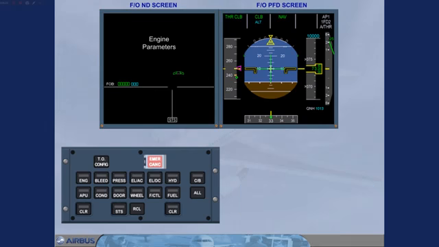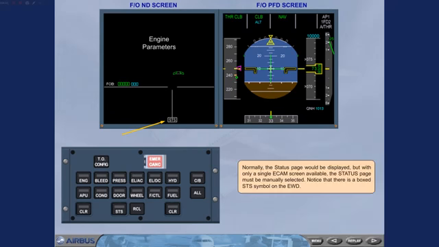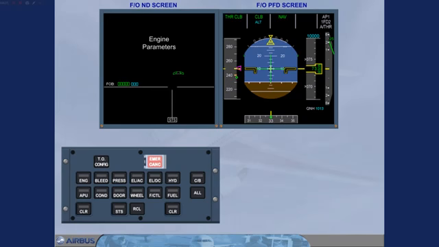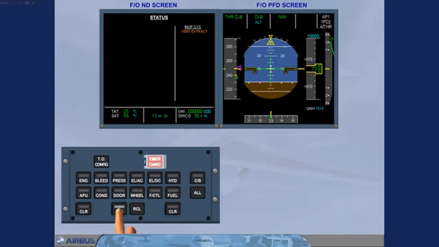Normally, the status page would be displayed, but with only a single Ecam screen available, the status page must be manually selected. Notice that there is a boxed status symbol on the engine warning display. The status push button should be held down and the status page reviewed.